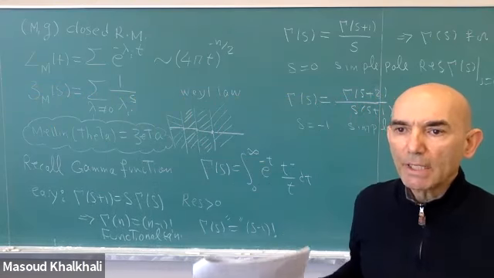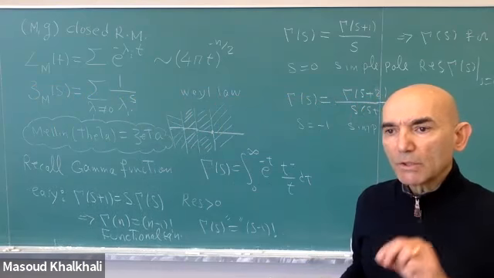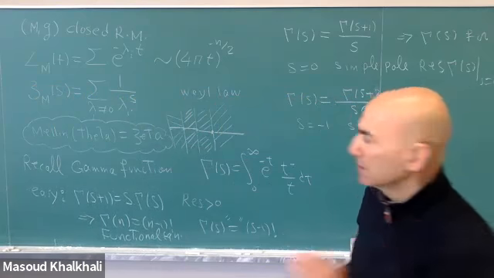So the final thing is that the gamma function has an analytic continuation, or meromorphic extension, to the whole complex plane minus the points 0, minus 1, minus 2, minus 3. This is very important.